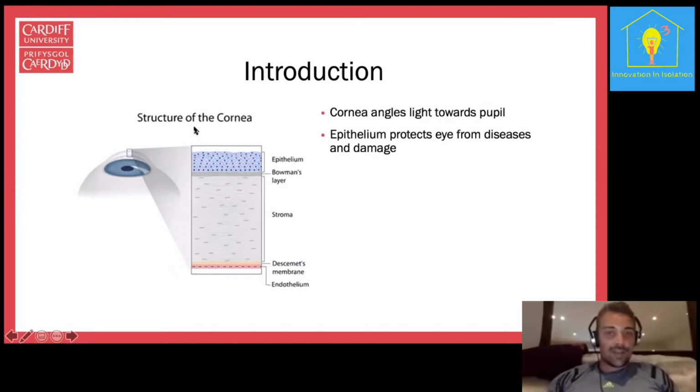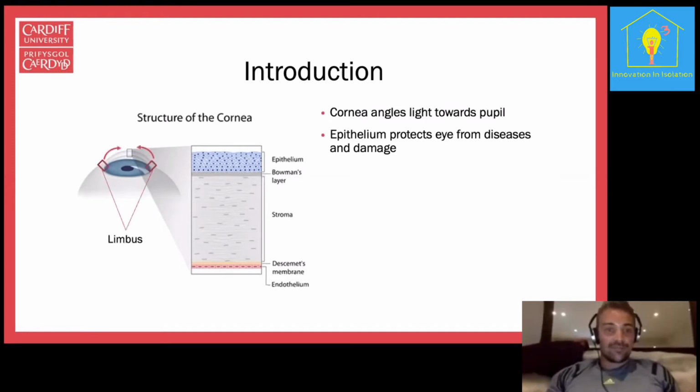As I mentioned before, the cornea angles light towards the pupil, and the epithelium, which is what I'm interested in, protects the eye from diseases and damage. If you think about your eye, which part of it is constantly in contact with the outside world, it is this epithelial layer. This is the layer that's constantly being barraged with UV light, microbes, and chemicals, etc. So this needs to be regenerated constantly, and it's constantly lost.